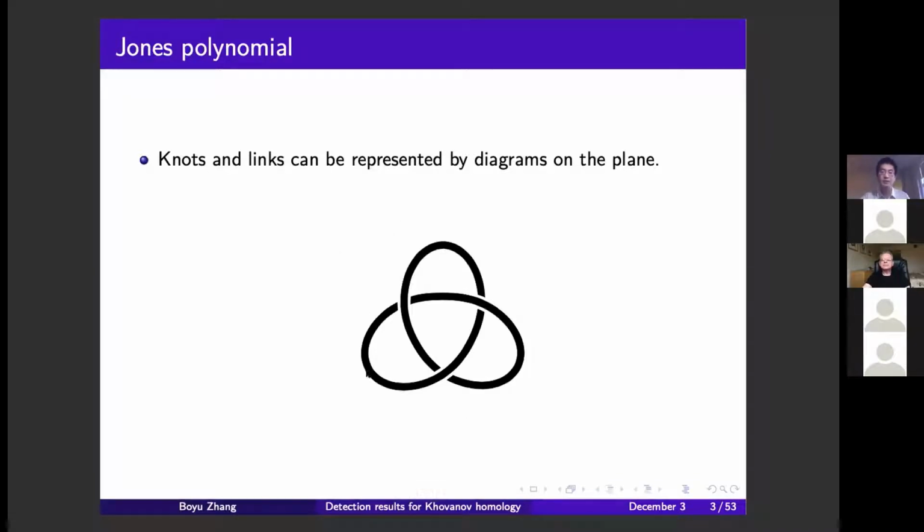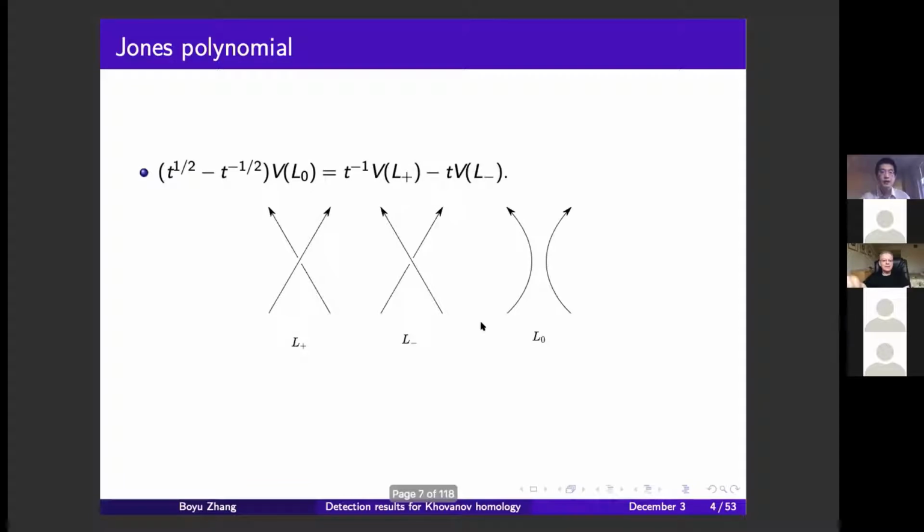Here's an example of a possible knot diagram. It is represented by an immersed S^1, or an immersed disjoint union of S^1's, in the plane, where at each self-intersection we label one arc as the arc going above and the other arc as the arc going below. The Jones polynomial is characterized by the following two properties.